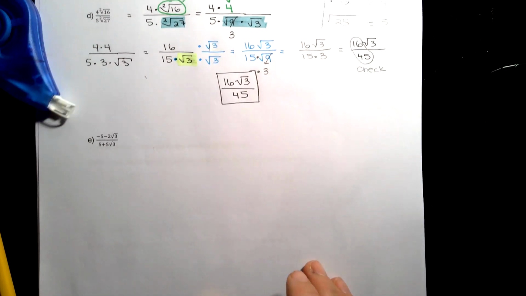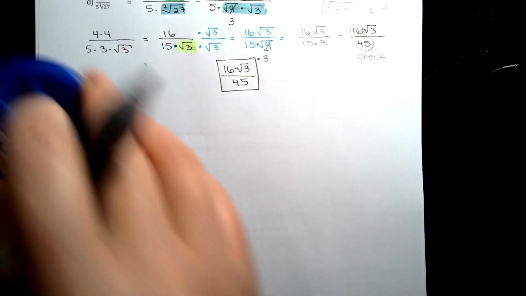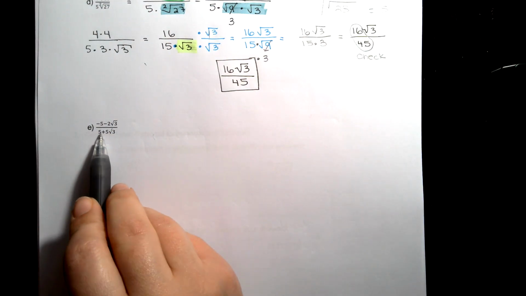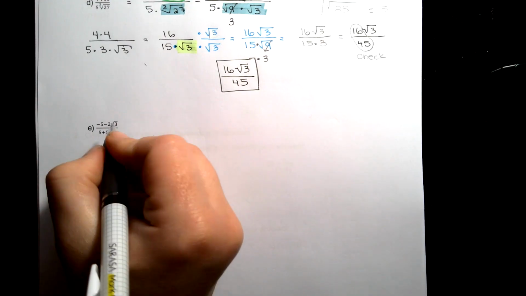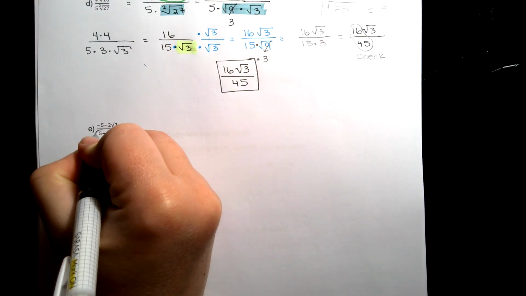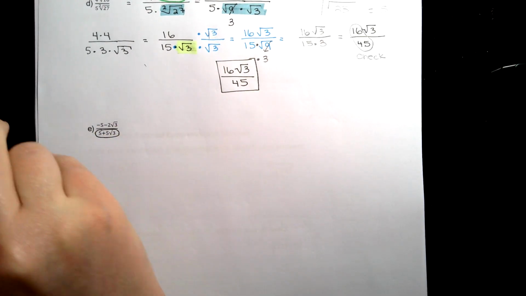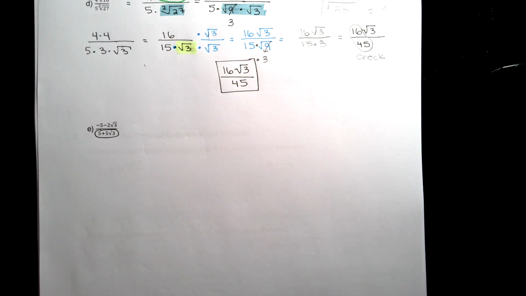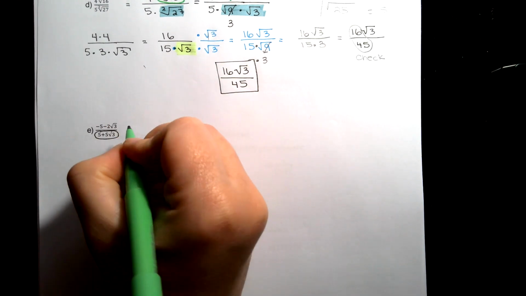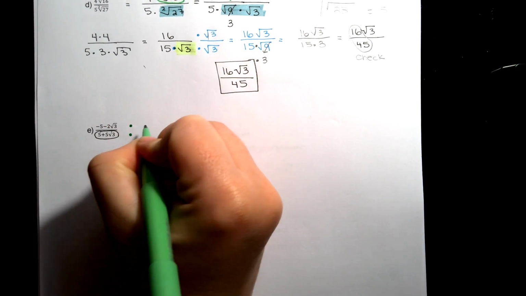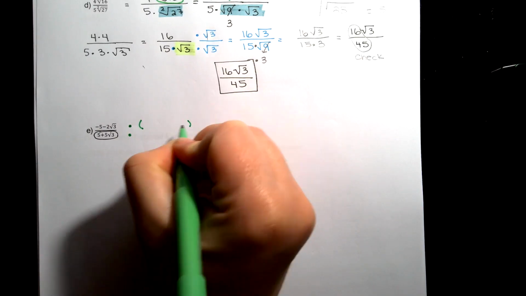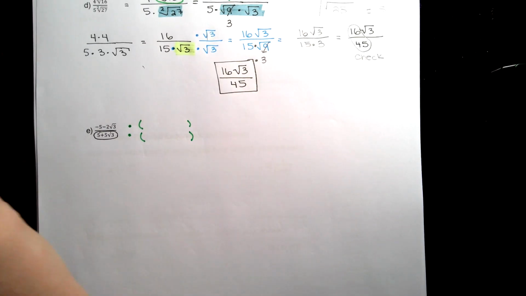Now, in E, notice that we have a binomial, two things in the denominator. These two things are attached together, and we cannot separate them. We cannot simplify anything here. So what we're going to do is we're going to multiply by the conjugate of the denominator.